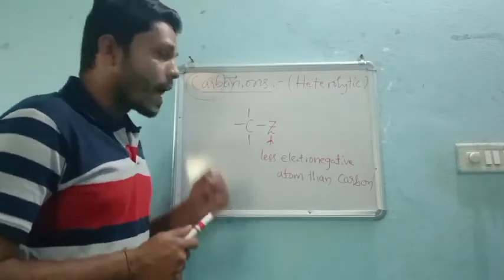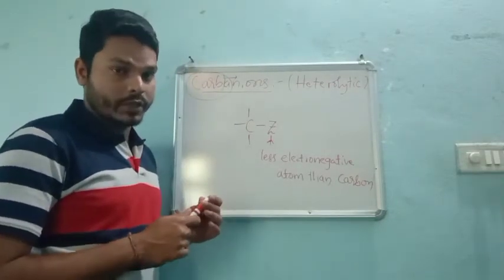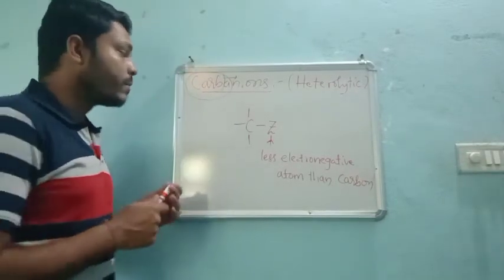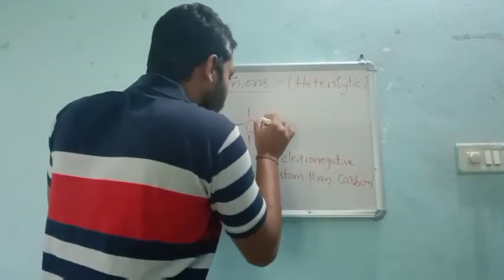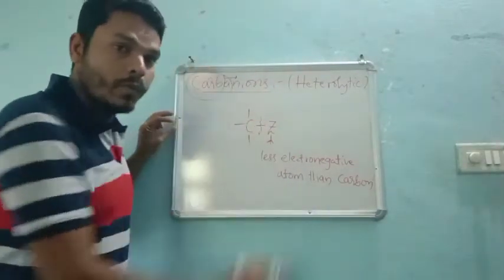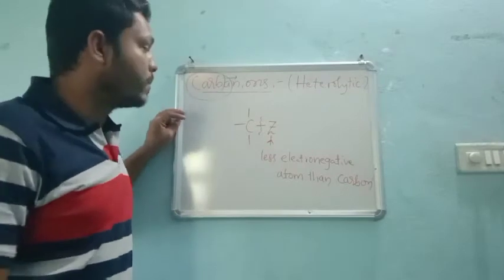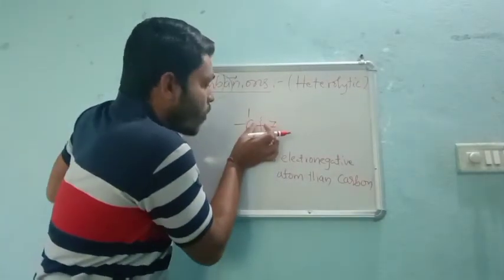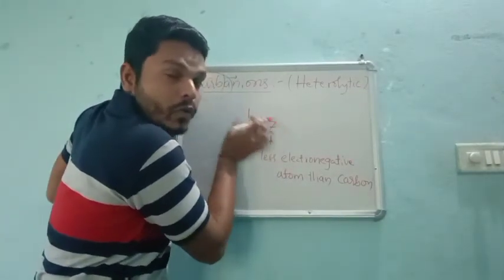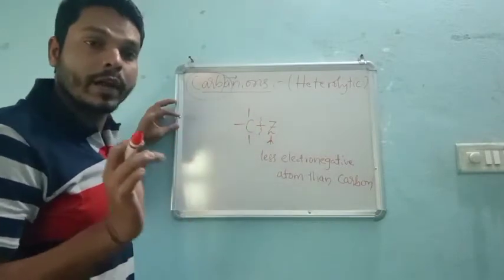So if the carbon has more electronegative nature, whenever the bond breakage takes place between these two, very simply these bonded pair of electrons will move towards what? The more electronegative atom.